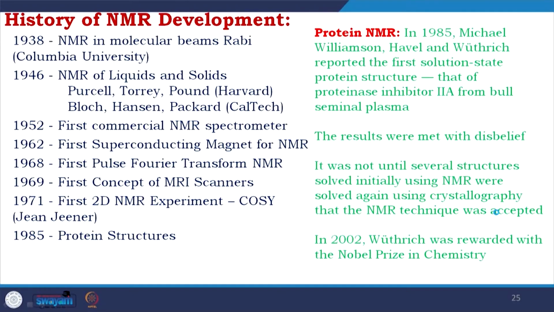In 2002, Wüthrich was rewarded with the Nobel Prize in Chemistry for his contribution in solving protein structure. In 2009, the first gigahertz NMR spectrometer was developed.